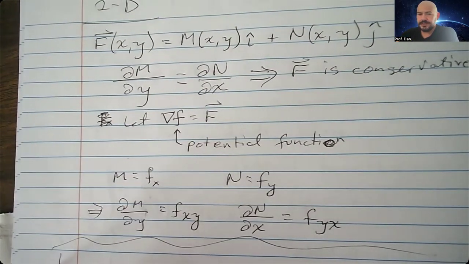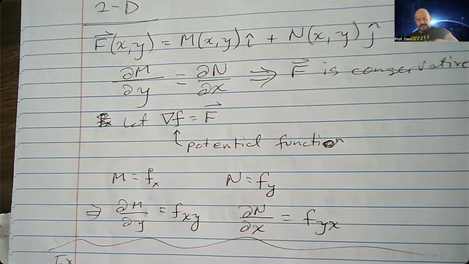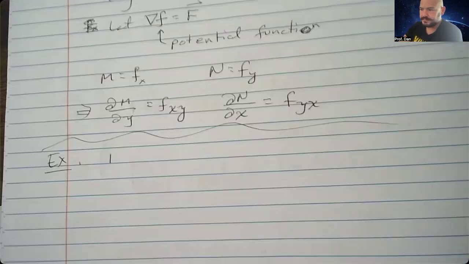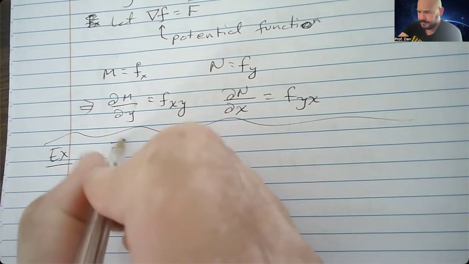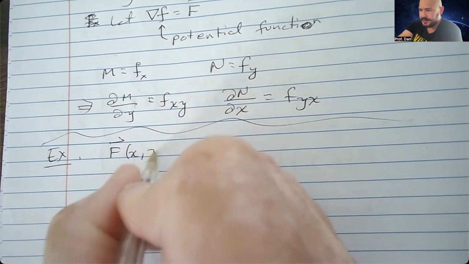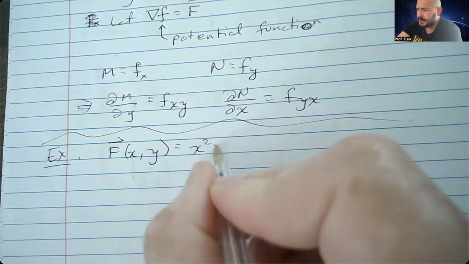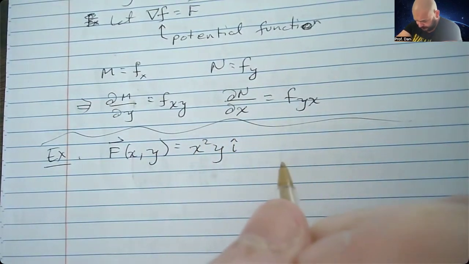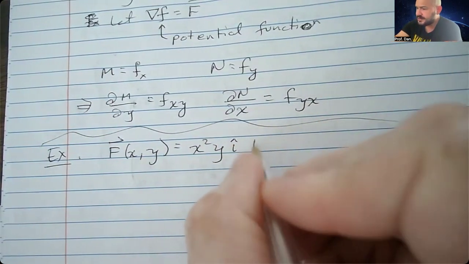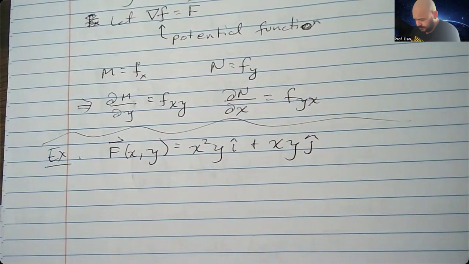Let's look at an example with a two-dimensional vector field. So let's say we have F of xy, so this is our vector field, is equal to x squared y i plus xy j.